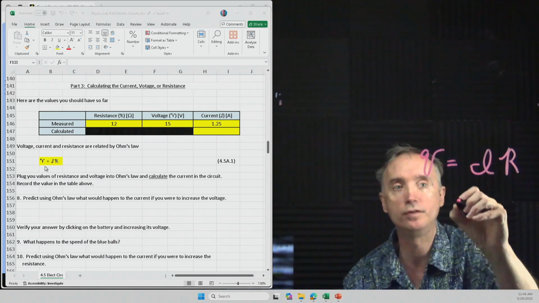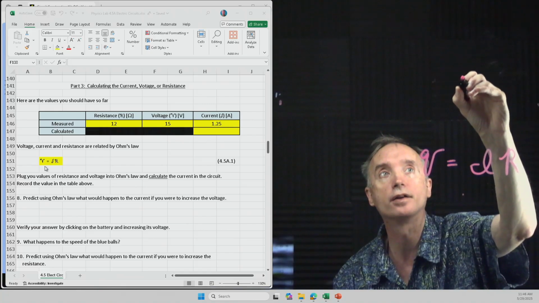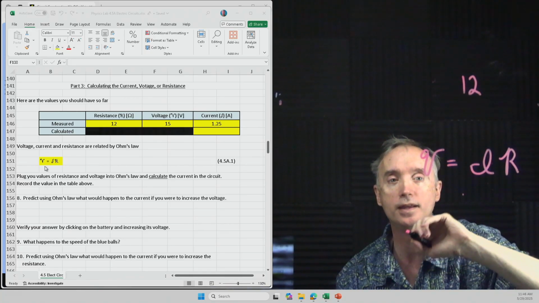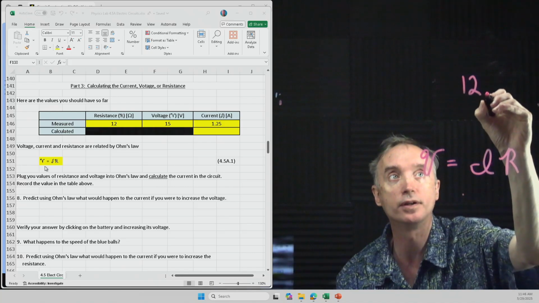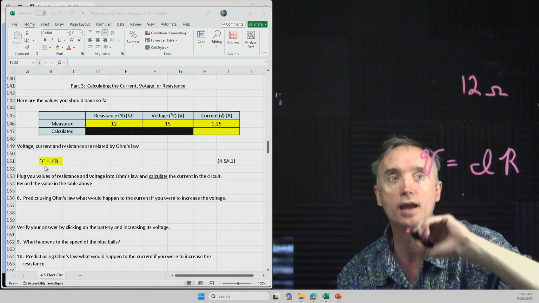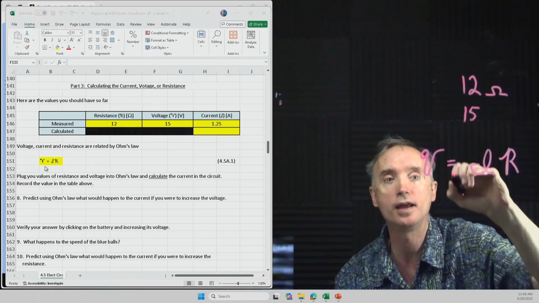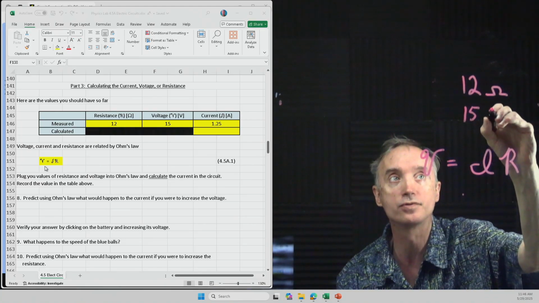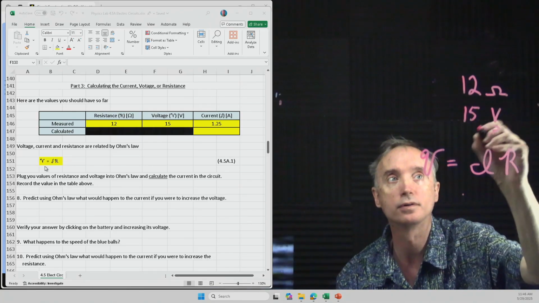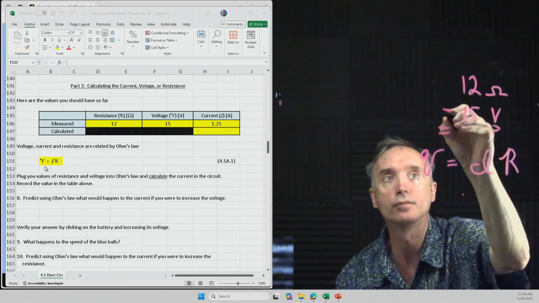So we've got a number 12, and it was a resistance, so it had the unit of ohms. We have this number 15, and it had the unit of volts. And then I'm going to put down a question mark, and that is what we're looking for.